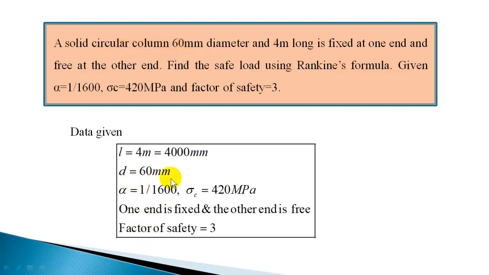Alpha, that is Rankine's constant, is directly given as 1 by 1600. And sigma C, the stress at which the column fails due to crushing, is 420 megapascal. One end of the column is fixed and the other end is free, that is the end condition given, and factor of safety is also given as 3, and we have to find out the safe load using Rankine's formula. Now let us work out.